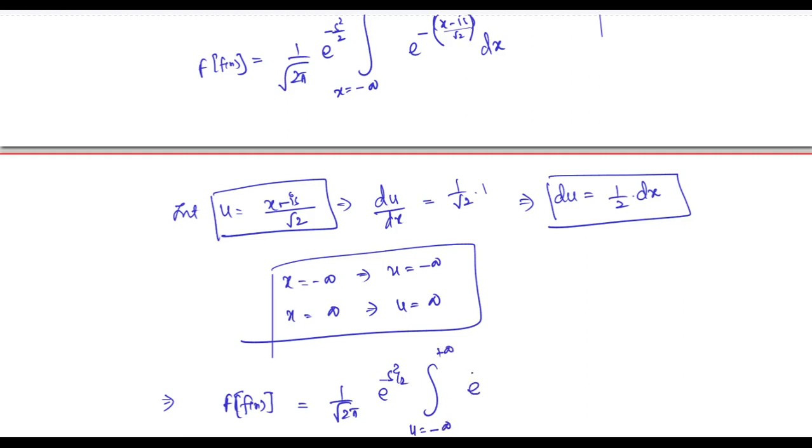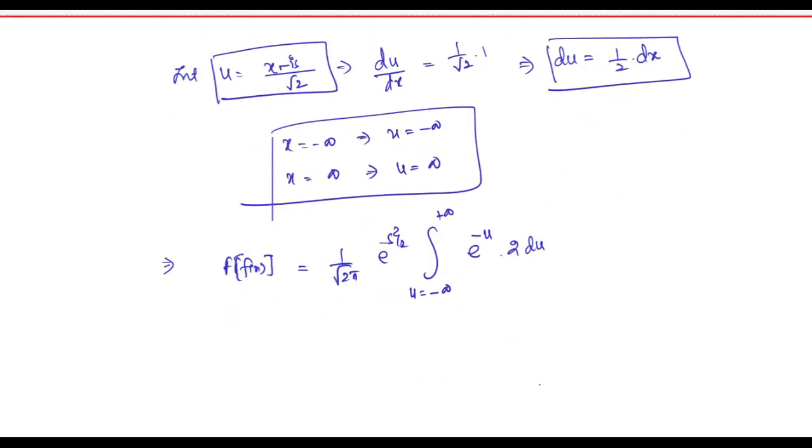Remember this was the substitution that we had, so du is 1 by 2 times dx, which means dx is actually 2 times du. So we write that here. So 2 times du. Okay, fine.